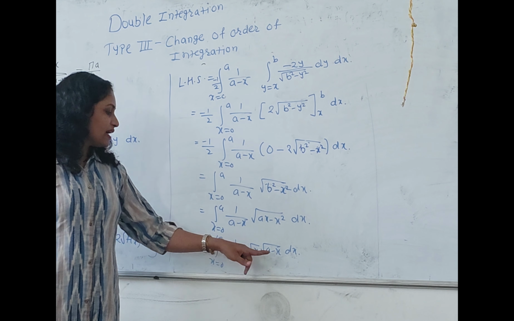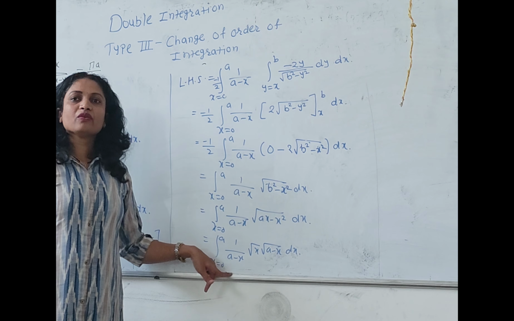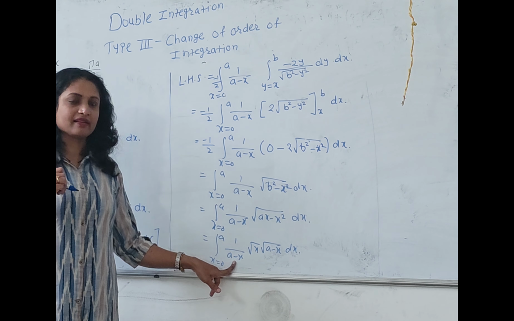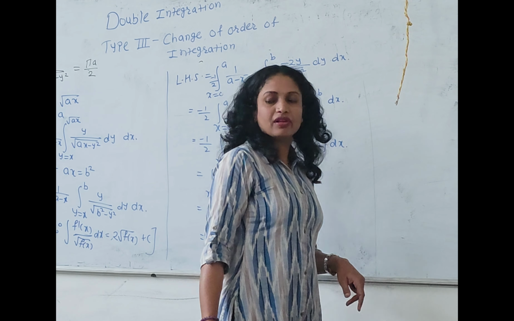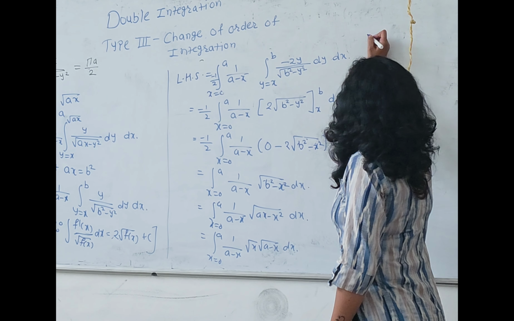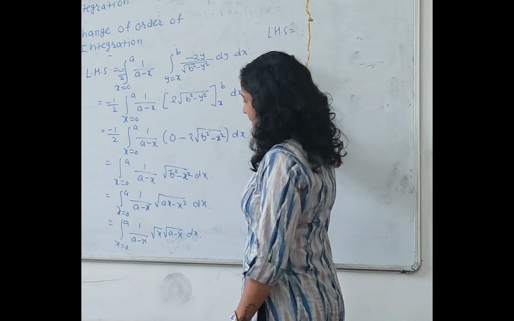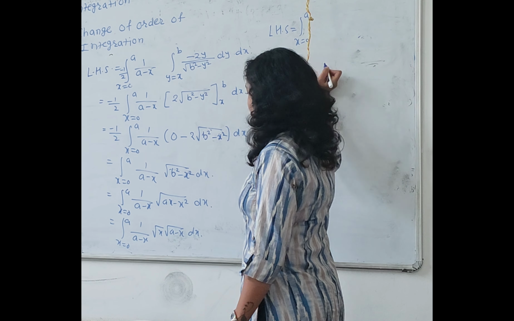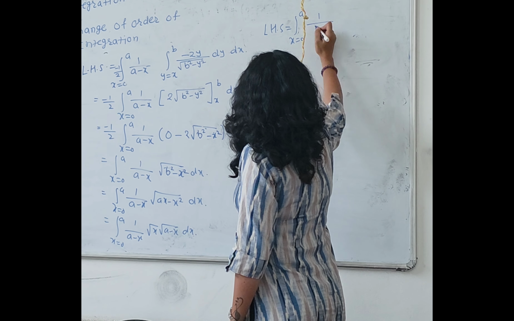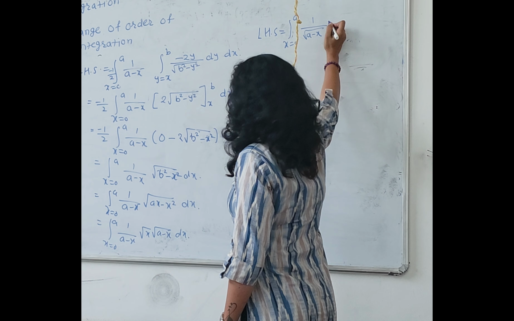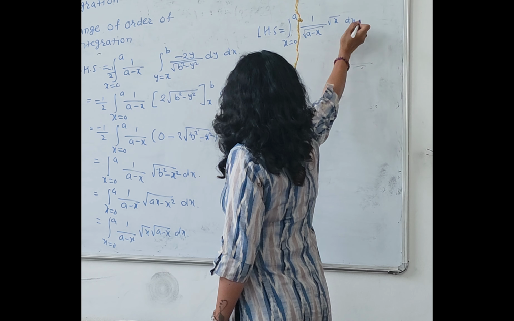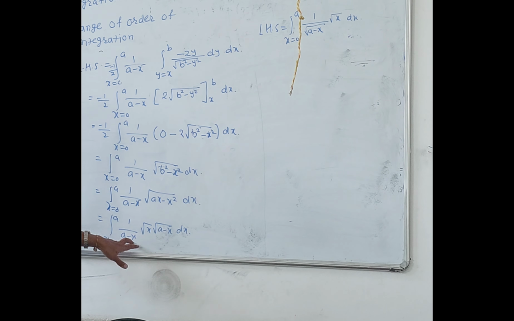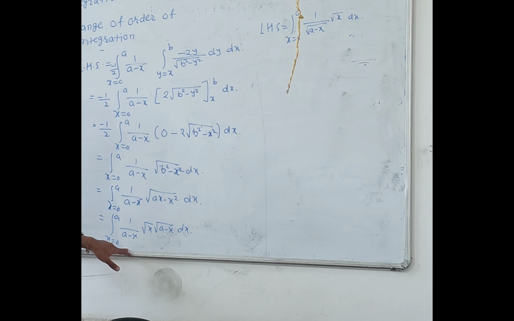If we cancel this and this, you will be left with root of a minus x in the denominator. So our LHS will be the integration x equals 0 to a, 1 upon root of a minus x and root x dx, because a minus x got cancelled and only root a minus x remains.